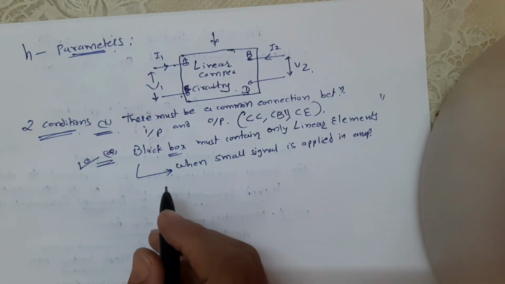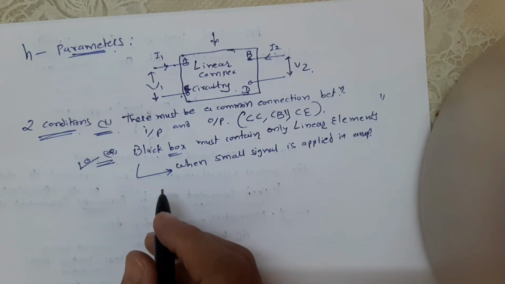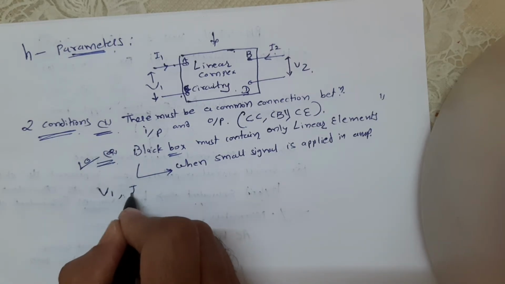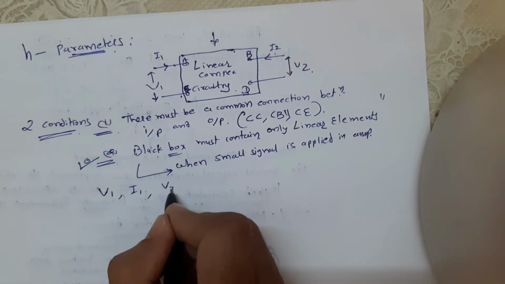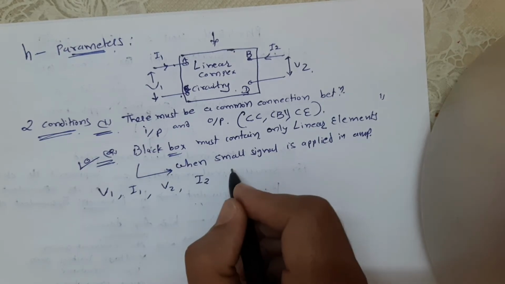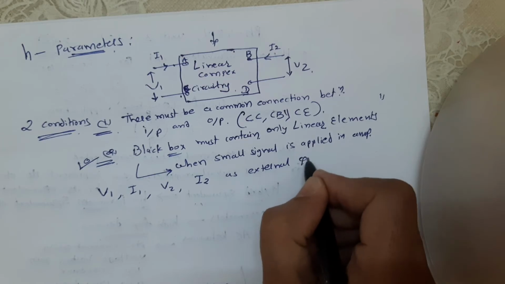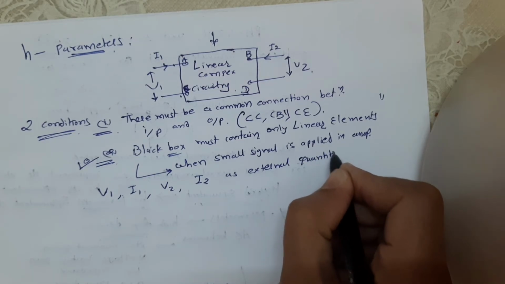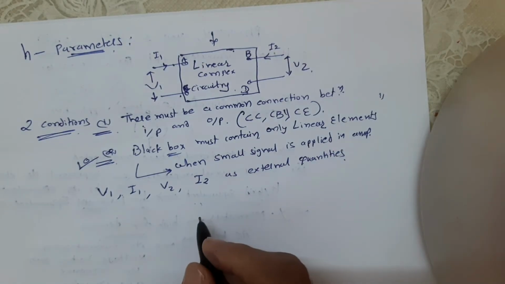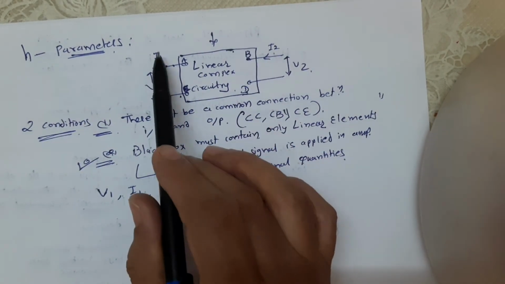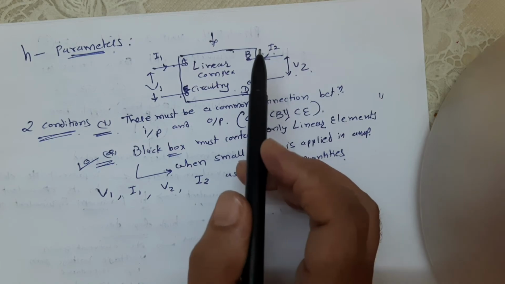The network behavior is specified by V1, I1 and V2, I2 as external quantities. The whole network behavior depends upon V1, I1, V2, I2.